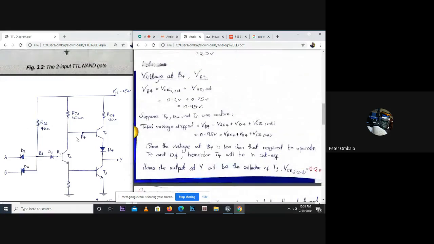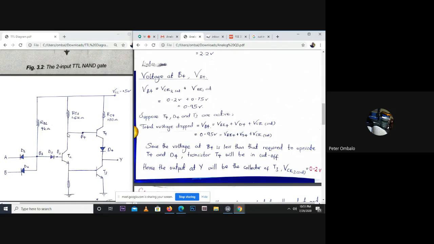Remember the voltage here at B4 is going to be dropped here at T2, and the remaining one will be dropped here at T3. So we can calculate the voltage at B4 by taking the drop here and the drop here.